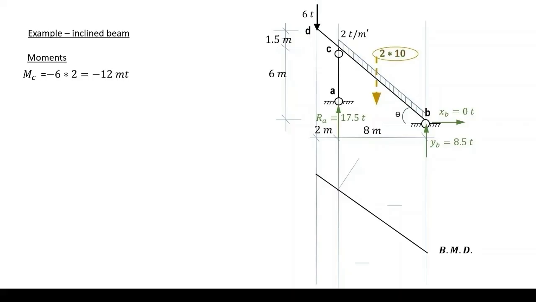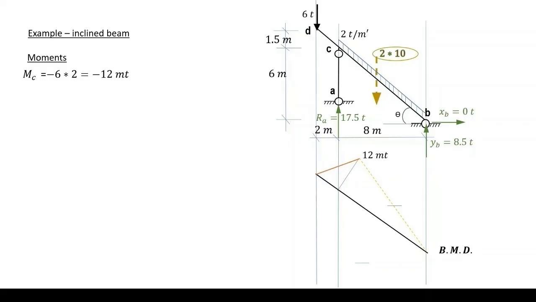Here we are. We join the computed value here to the nearest left moment value, D, and the nearest right moment value at B.